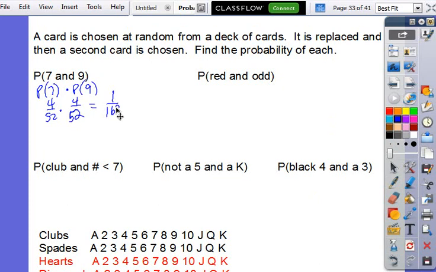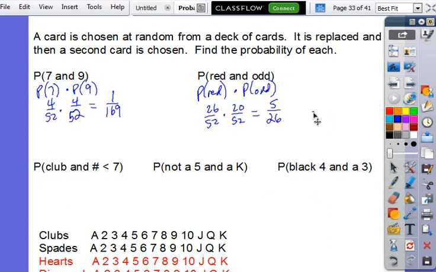All right, red and odd. Well, probability of a red would be 26/52. Odd is 5/26. Yeah, just go straight to the simplified version.